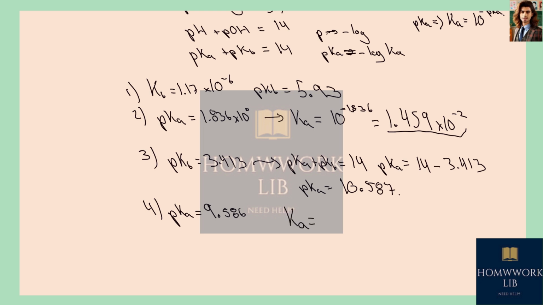As we said, Ka is going to be 10 to the minus pKa, so 10 to the minus 9.586. And the result is 2.594 times 10 to the minus 10. That is going to be our value for Ka.